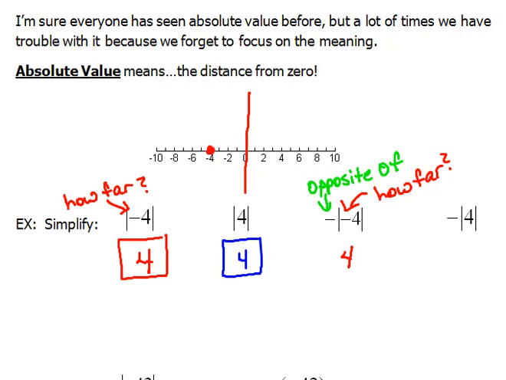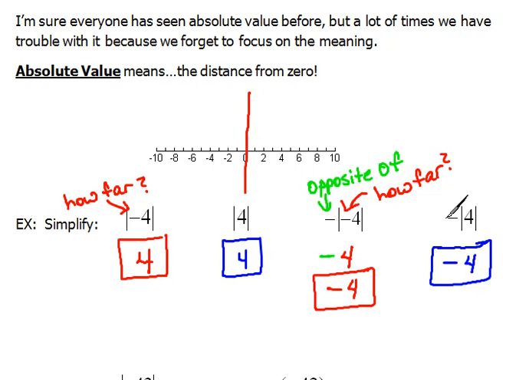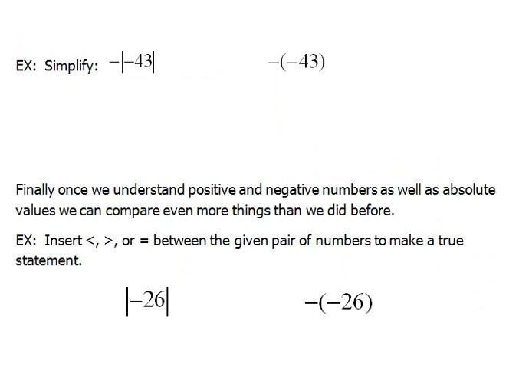The absolute value of negative 4 is 4, but we still have to take the opposite of that. So that would be negative 4. And then in our last example over here, we're doing the negative, or the opposite of how far from 0 is 4. Well, remember, 4 was right here, and that is 4 units from 0. So the opposite of 4 is negative 4.